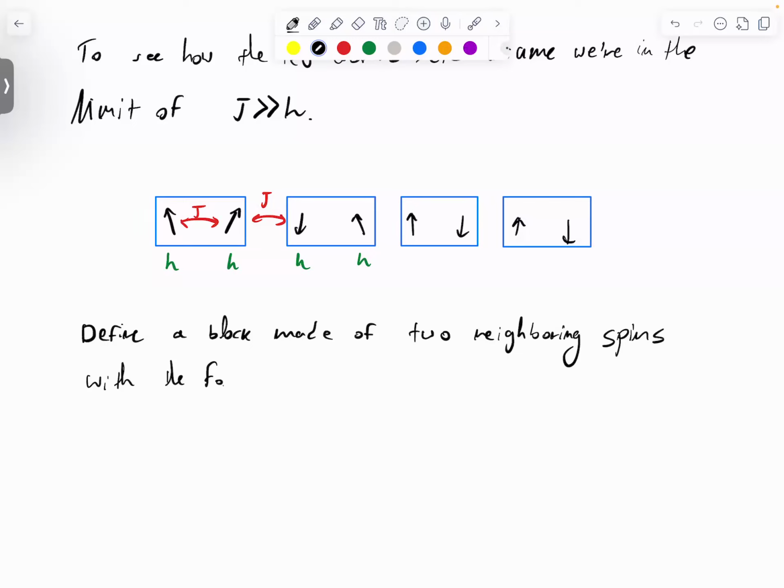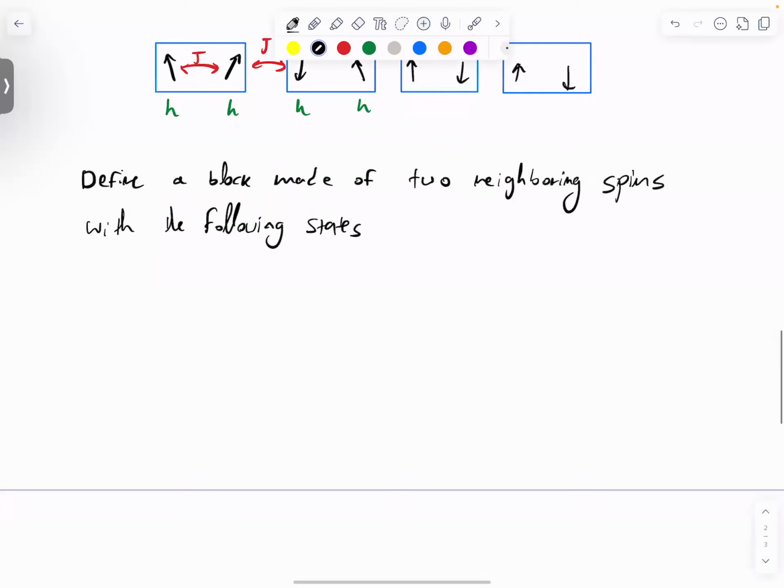I'm going to deliberately write the terms in terms of high energy and low energy states. So the low energy states, I denote them, it's this, and this.